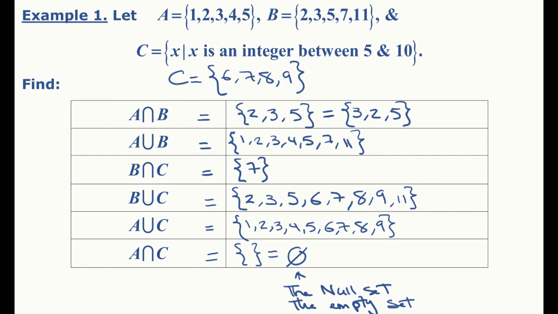Because their intersection is empty, we can say therefore A and C are disjoint sets.